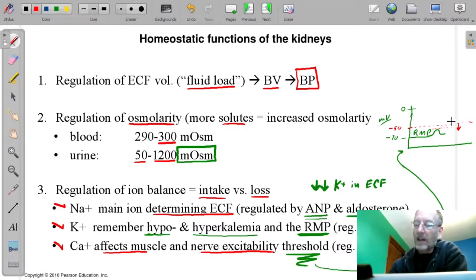Likewise, you can raise the threshold, depolarize, but essentially increase the distance between the RMP and the threshold. So that's what we're getting at when we talk about excitability by regulating the threshold.